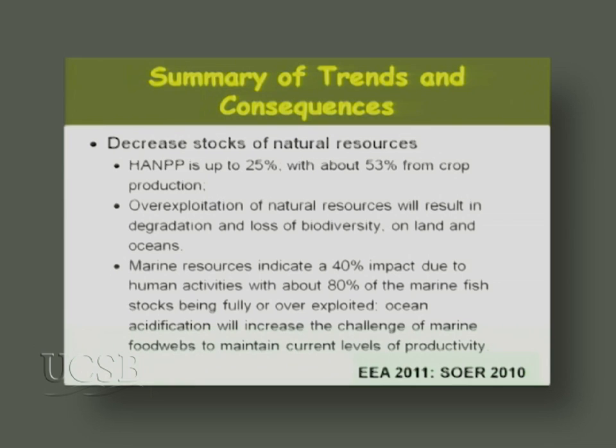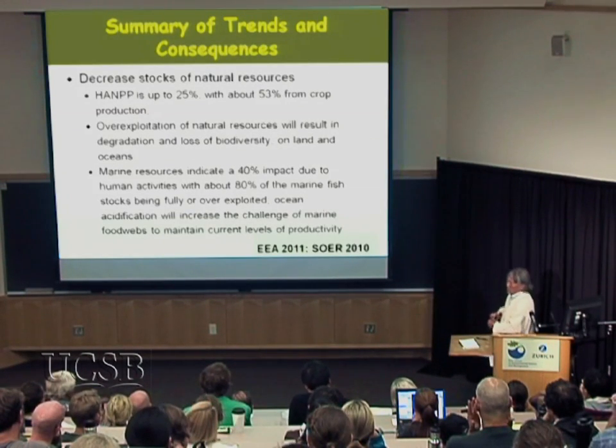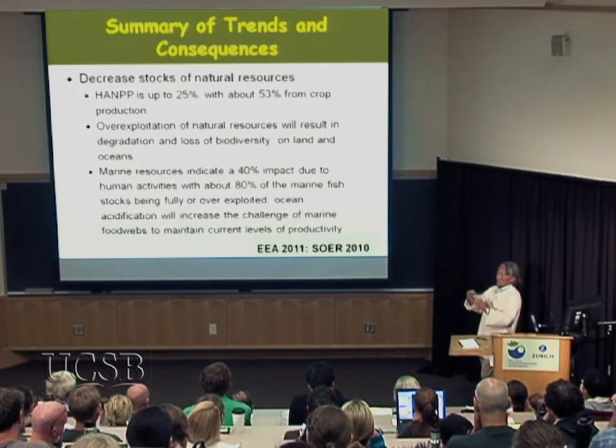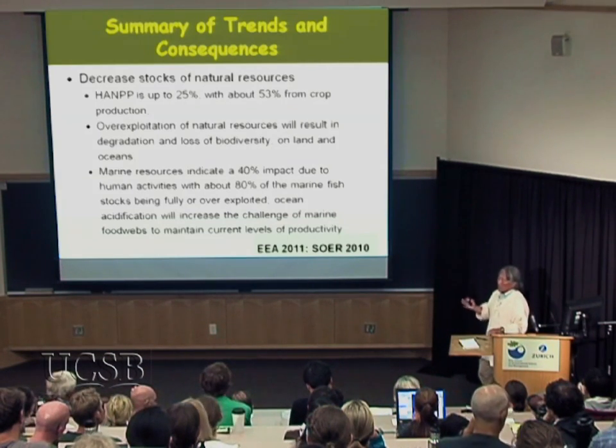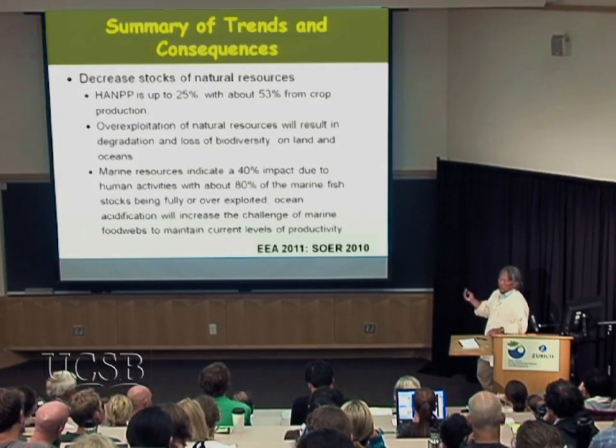The marine resources picture is really quite alarming. We have a large impact on the oceans, and our overexploitation of marine fish stocks is quite dramatic. In addition, the wild card that has just emerged in the last 5 years of research is the impact of ocean acidification on the plankton, the foundation of the food web in the oceans.